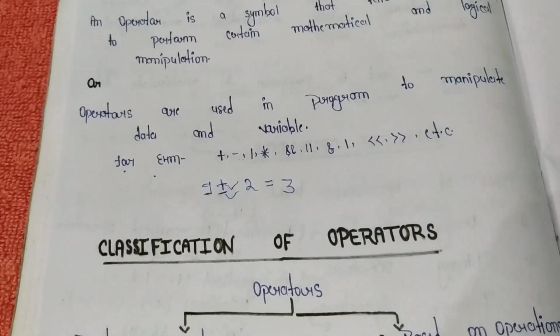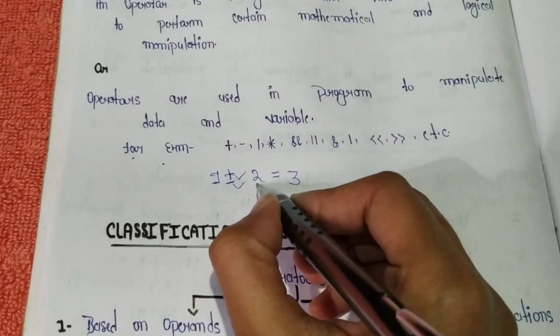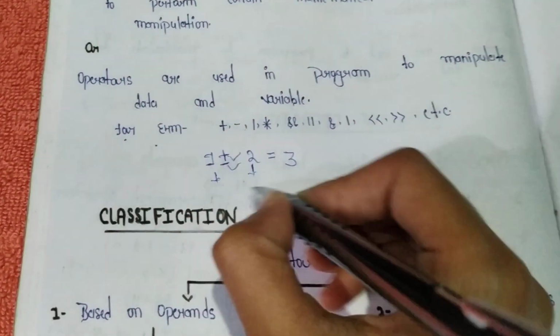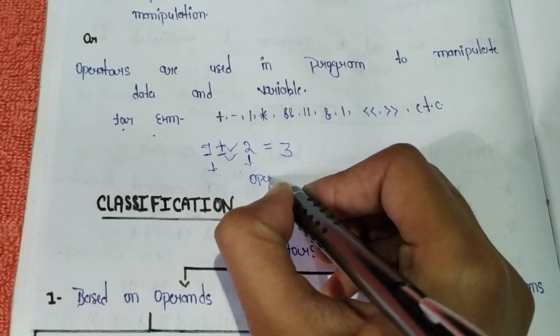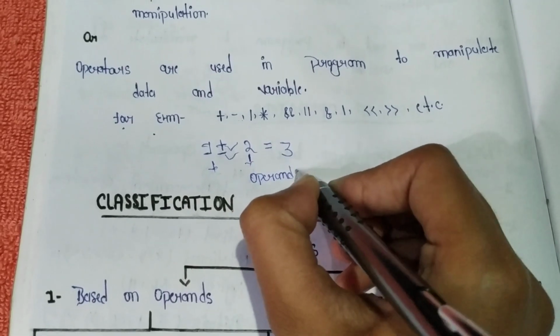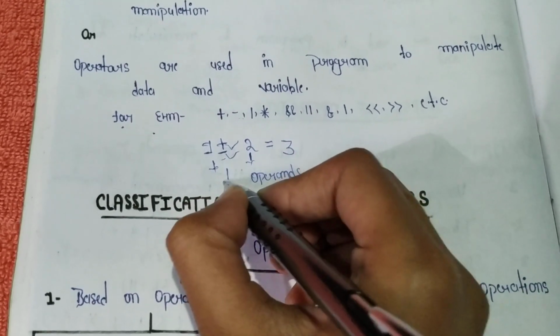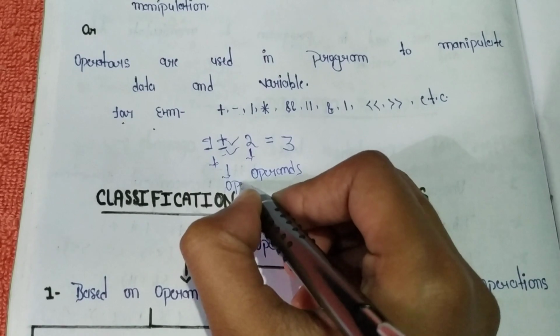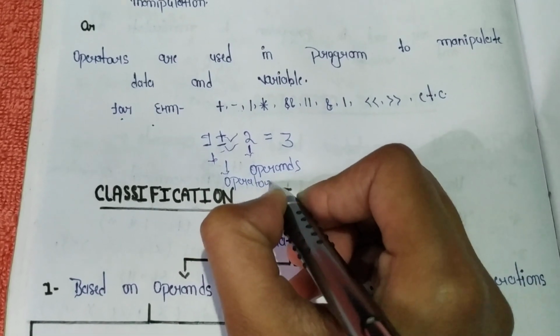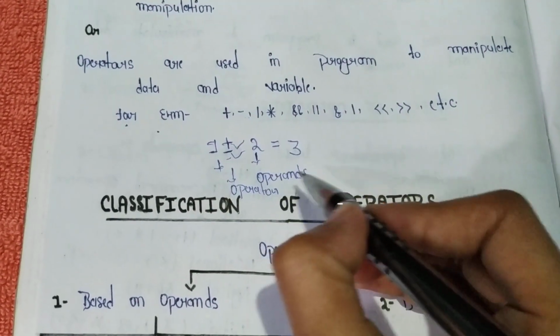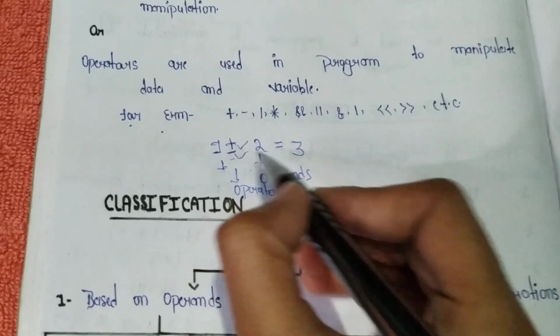Here this data is the operands, and this is the operator. So both variables are operands and the symbol, the sign, is the operator.